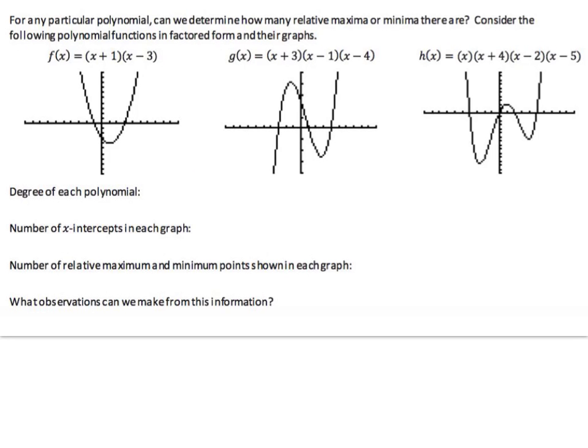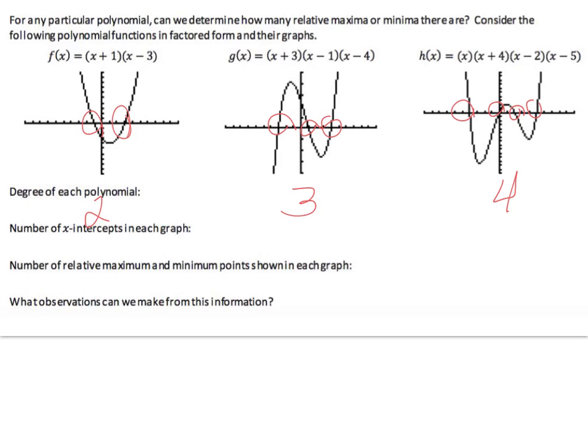Right, for any particular polynomial, can we determine how many relative maxima or minima there are? Consider the following polynomial functions in factored form and their graphs. So for here, I have the degree. So I have 2, 1, 2, 3, 1, 2, 3, 4.